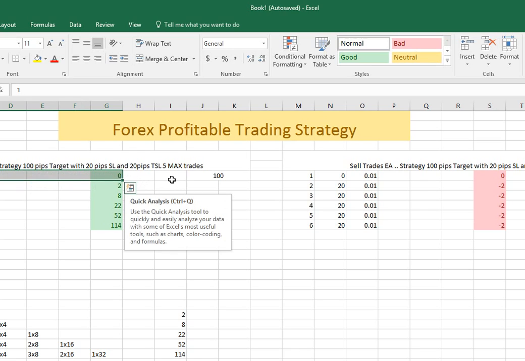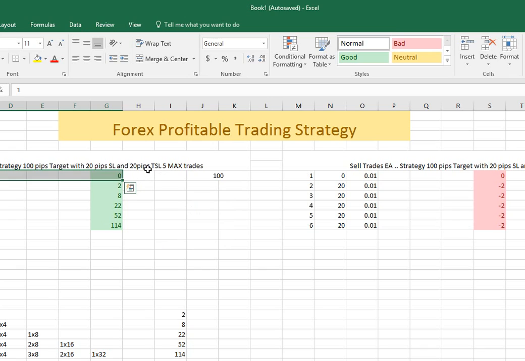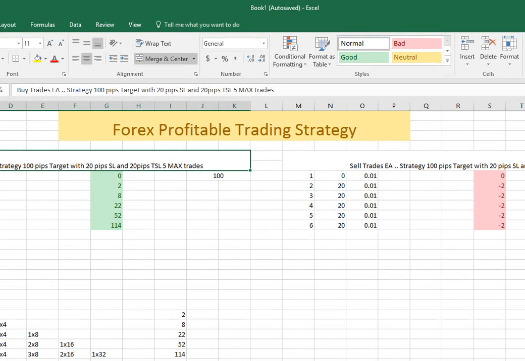If we are using an EA, that EA should place a buy trade with 0.01 lot size, with 20 pips stop loss, 100 pips take profit, and 20 pips trailing stop loss.